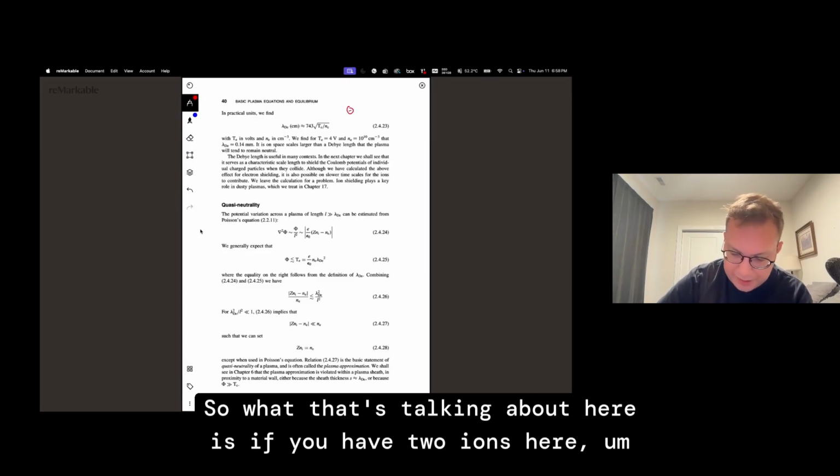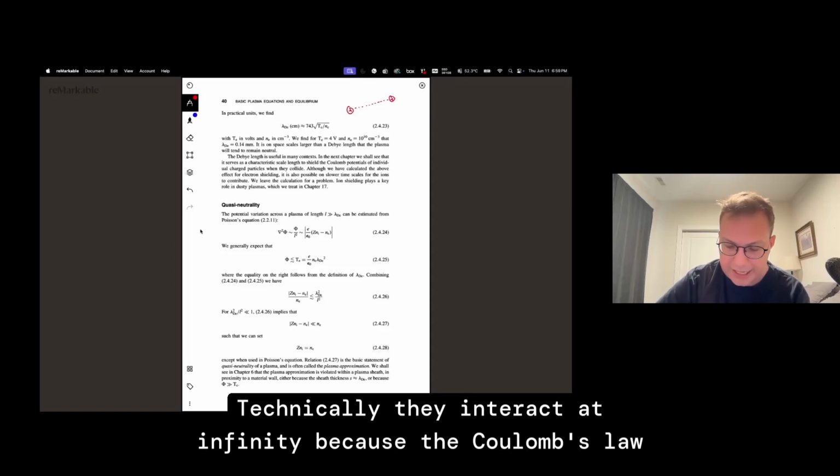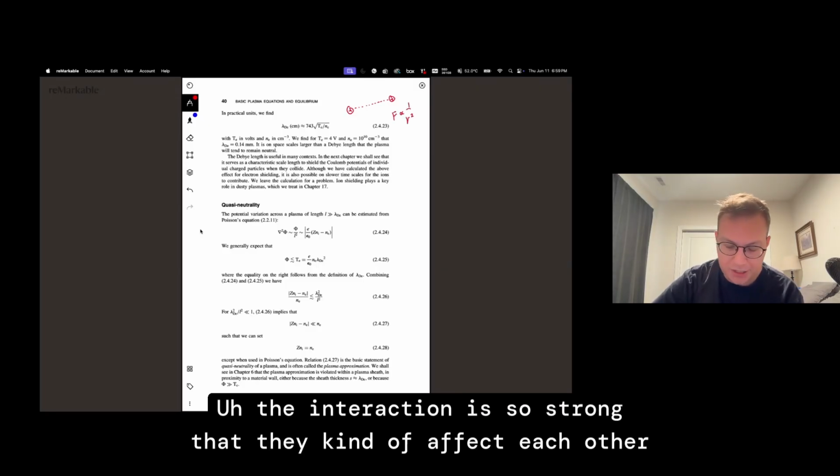So what that's talking about here is if you have two ions here, their interaction is by Coulomb's law. And technically they interact at infinity because Coulomb's law is a 1 over r squared force law. The interaction is so strong that they kind of affect each other at infinity.